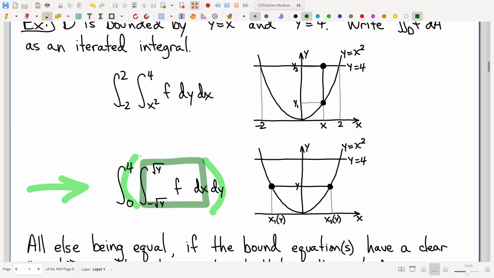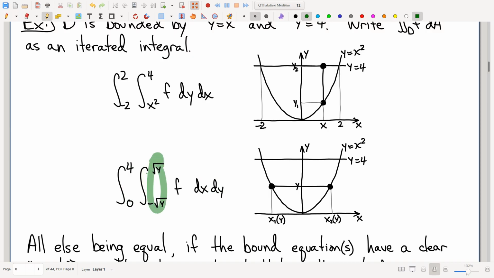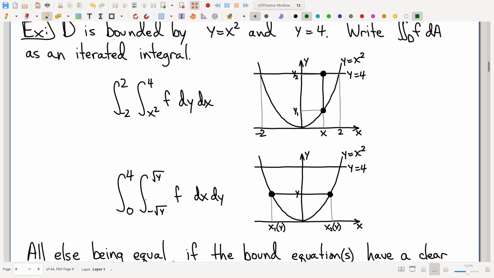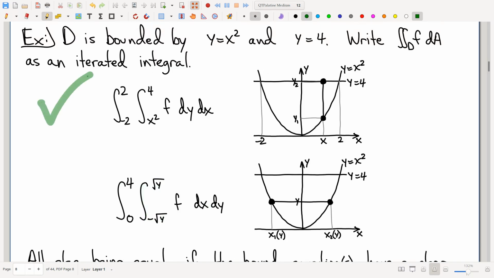So, roughly speaking, you just got to keep in mind, whatever is in your inside bounds, that's going to be part of your outside integrand. So try not to put yucky stuff in your inside bounds. Okay, now, I'm going to say that I like this one better and not so much on that one.